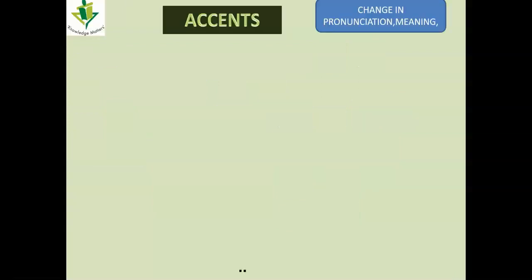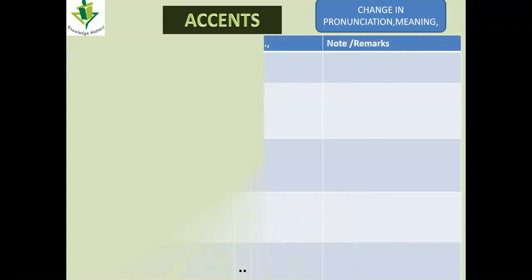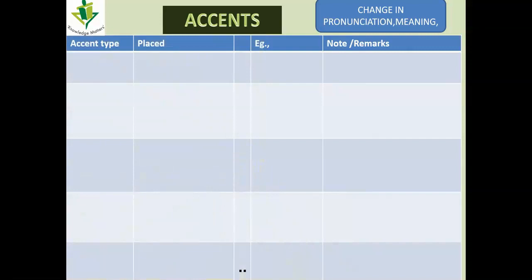Let us now look at the accents over the vowels and some of the punctuation marks which are used in French. First, we come to the accent aigu or acute accent. It is an upward right slash on top of the vowel E. In French, we say E when there is no accent.